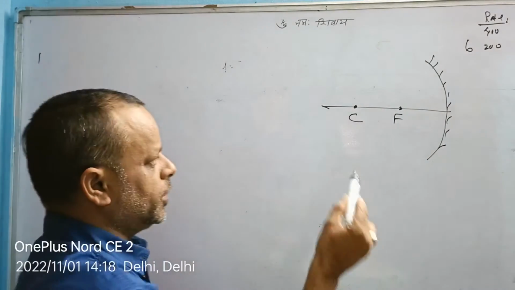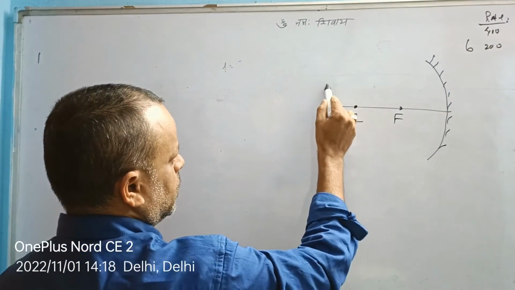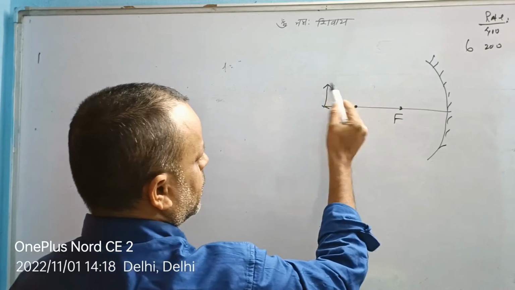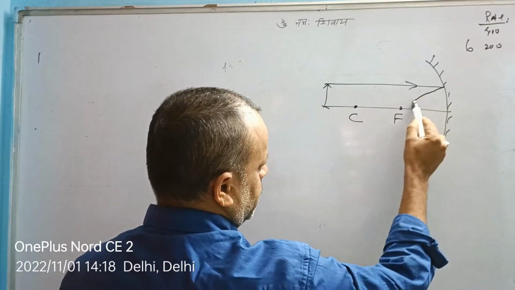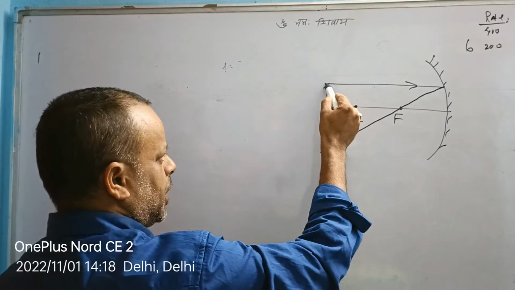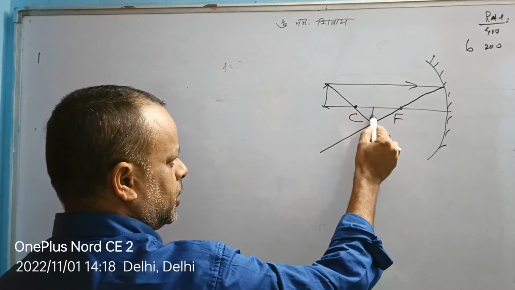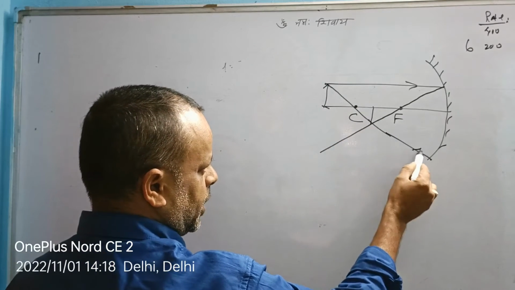Suppose we place an object beyond C. When we draw a ray parallel to the principal axis, it passes through the focus, and the ray through the center of curvature retraces its path.